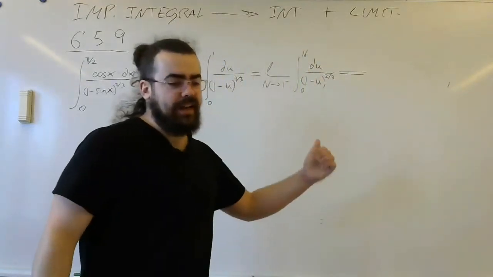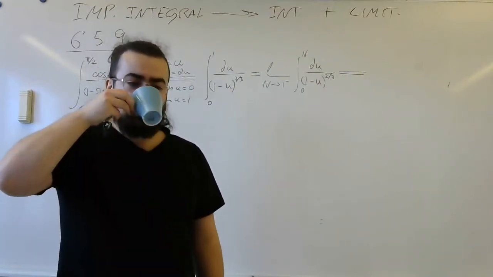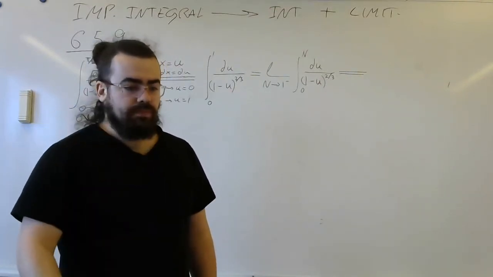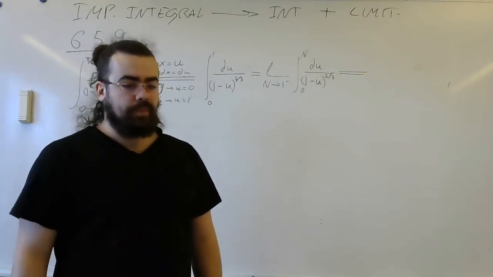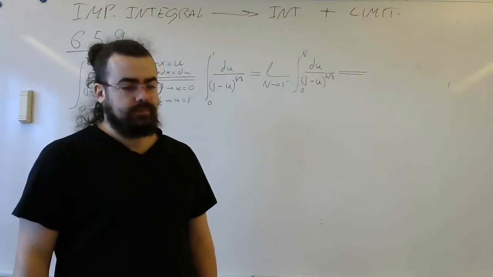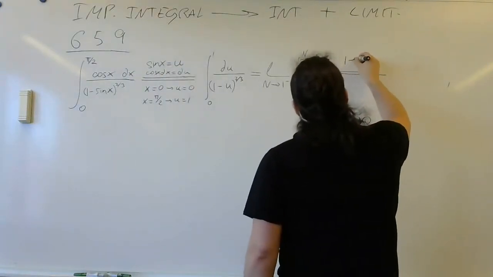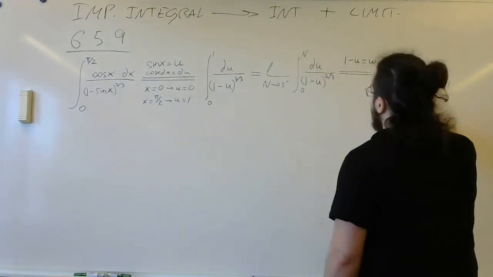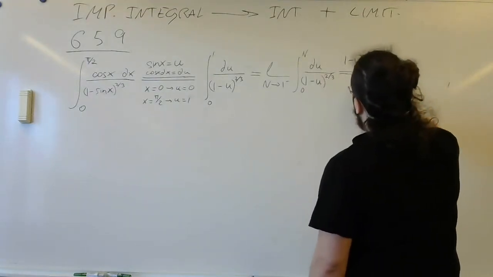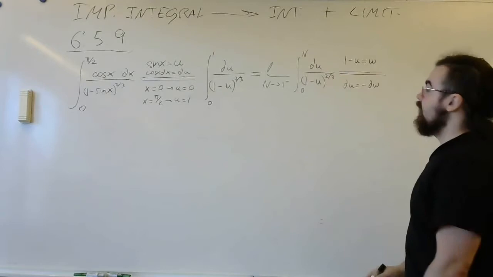Do I do another transformation, or we try to solve this in one go? Let's go. So now we do 1 minus u equals w. So differential of u is minus dw, and the limits flip around.